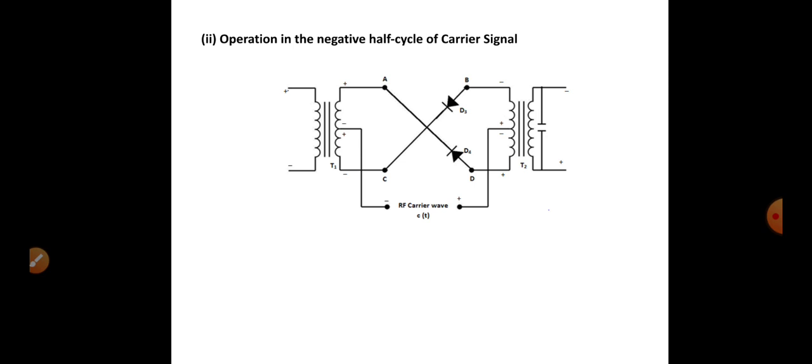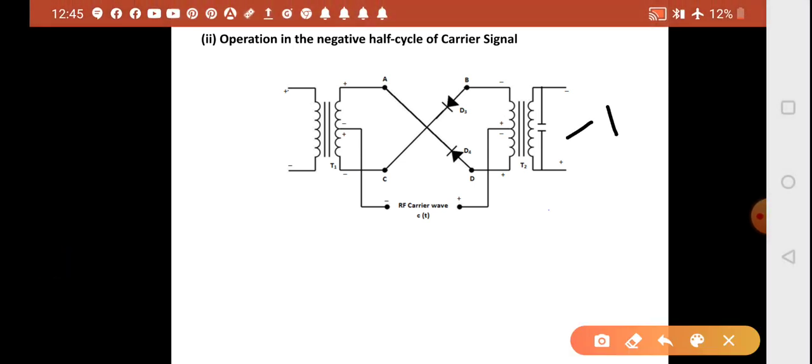So the secondary of T1 is applied in reverse manner across the primary of T2. That's why, when the negative cycle of the carrier is there, the output is negative m(t).